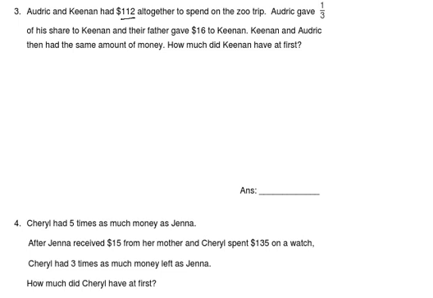Lastly, Keenan and Audrey then had the same amount of money. So, you see, Keenan, Audrey, they have the same amount of money in the end. Yes or no? And this is from the 112 which they have at the beginning.